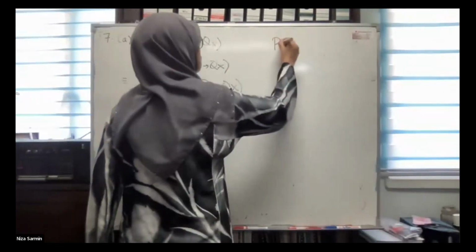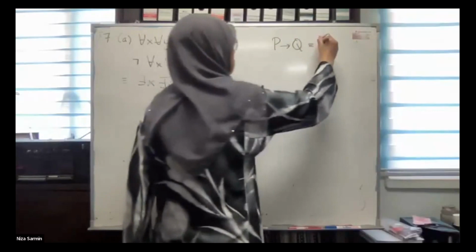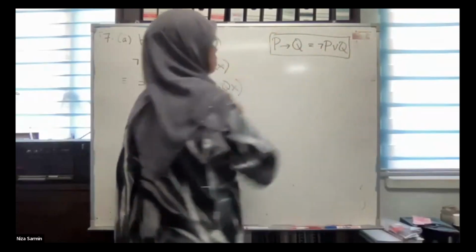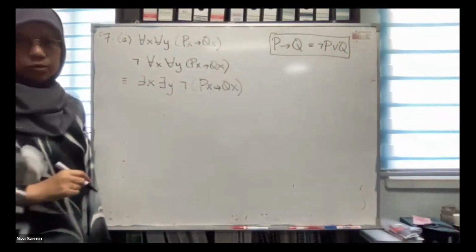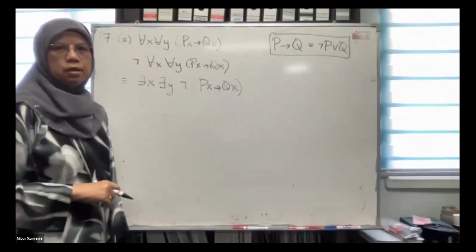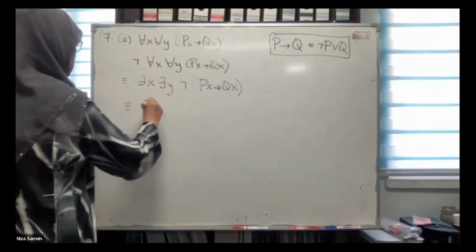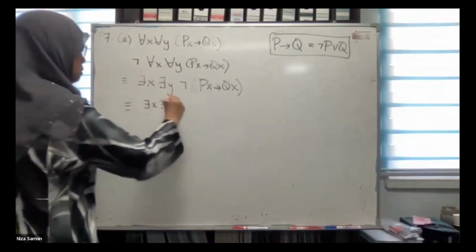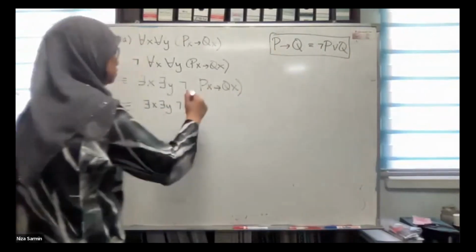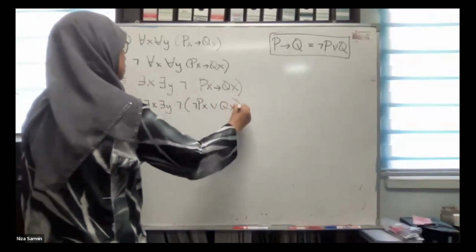Now, this is very, very important. If you don't remember this one, you cannot continue. P implies Q is not P or Q. So this one you need to change. Not, okay, this becomes not Px or Qx.